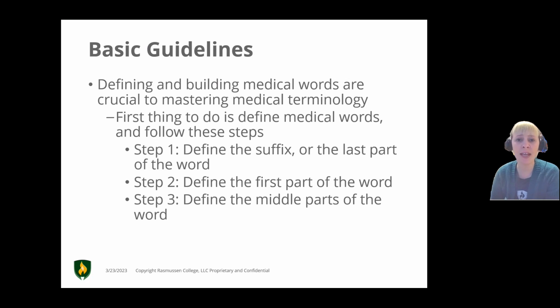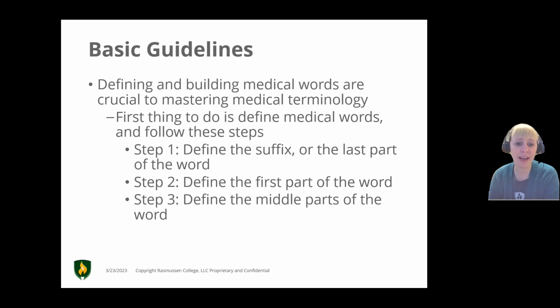However, if you start with the suffix, what comes at the end, that begins the process of knowing what we're talking about. Because typically a suffix is going to be, for example, something like a procedure, a condition of, a study of, something of that nature. So if you can start there, you know what we're working with.